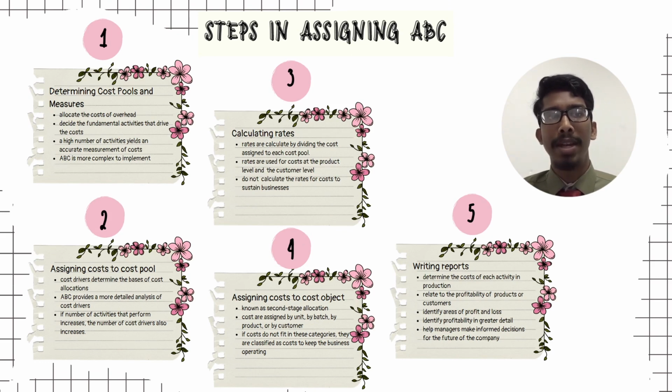ABC helps managers identify profitability in greater detail than other costing systems and determine what to do in certain circumstances. In all cases, after assigning and calculating costs, reports should exist to help managers make informed decisions for the future of their companies.